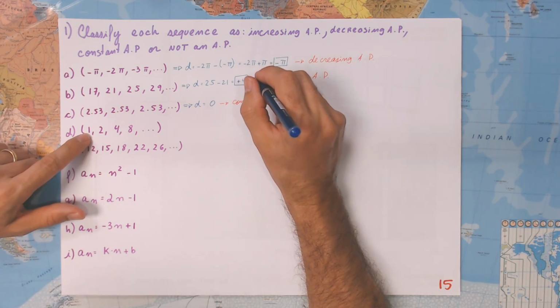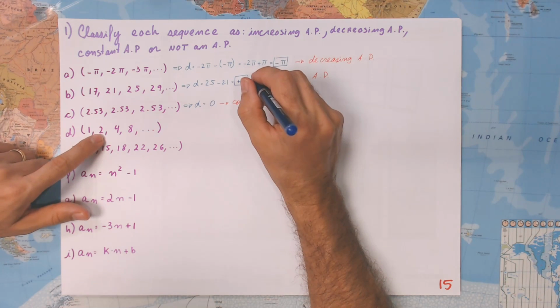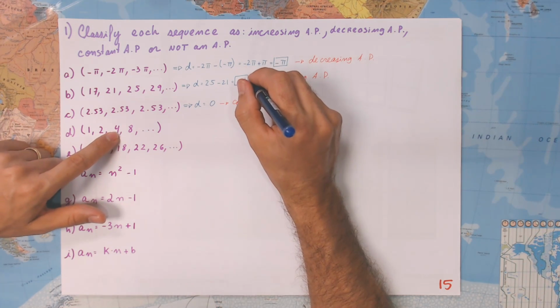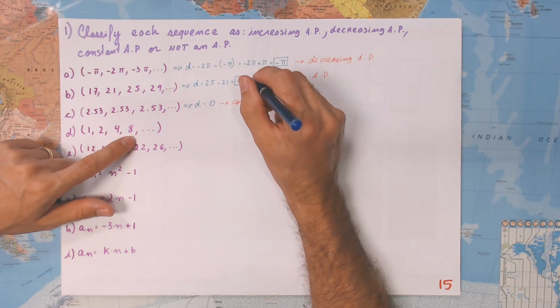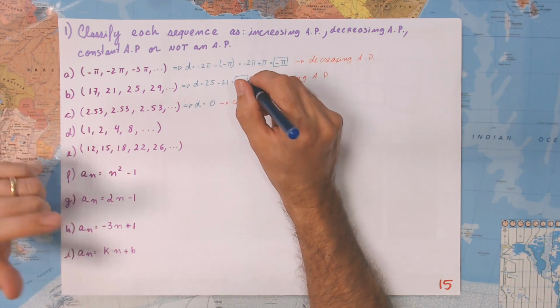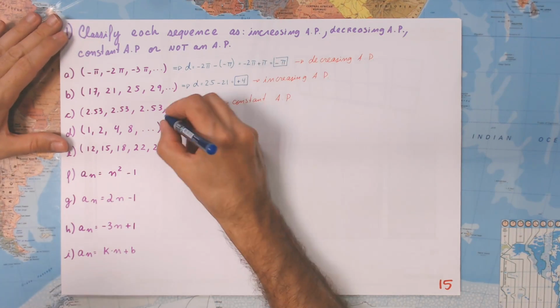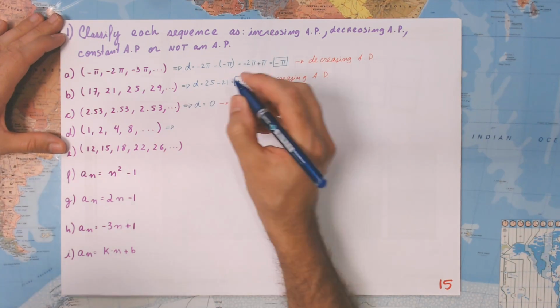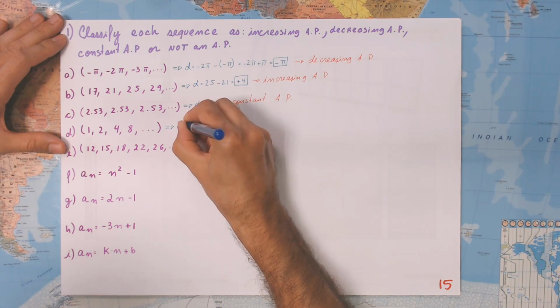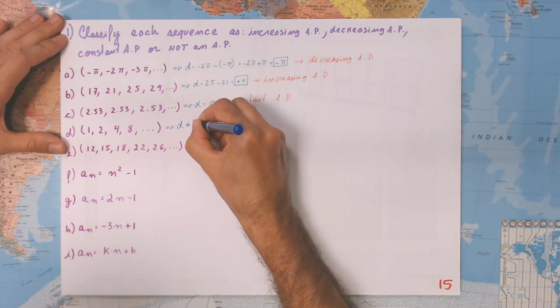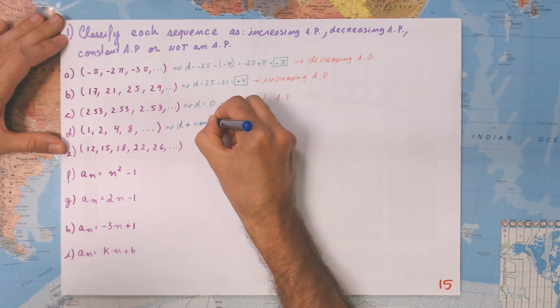This one, 1, 2, 8, 4, 8. Well, plus 1, plus 2, plus 4. It's weird, right? Okay, it's not constant. Actually, it's not the aim of this exercise, but I'm just going to say D is different than a constant.